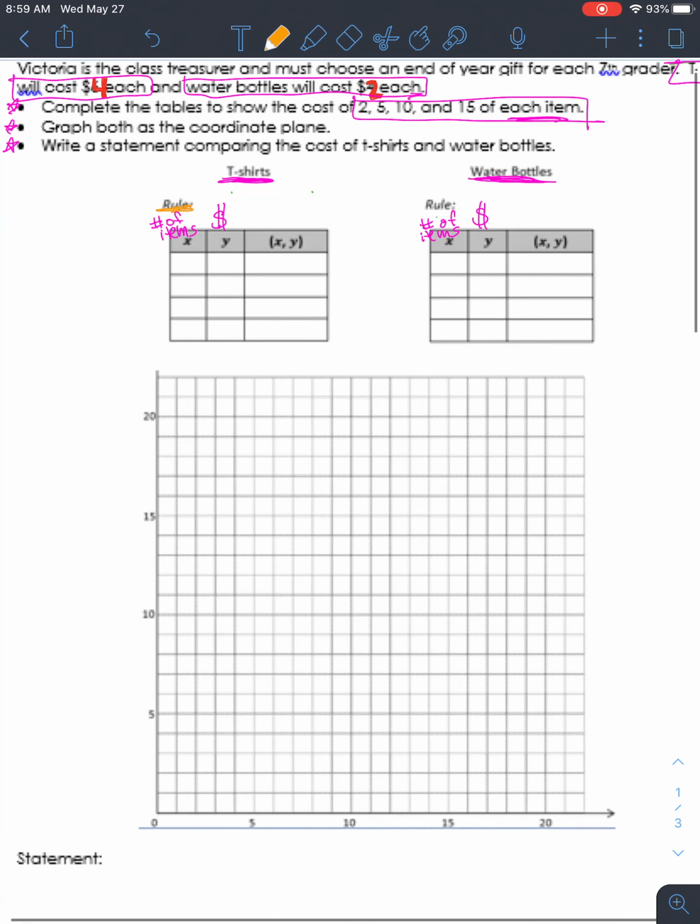And so you're doing the same thing over and over again. You're spending $4, $4, $4, $4. When you're doing repeated addition, that's the same thing as multiplication. So the rule for the t-shirts is Y is 4 times X.